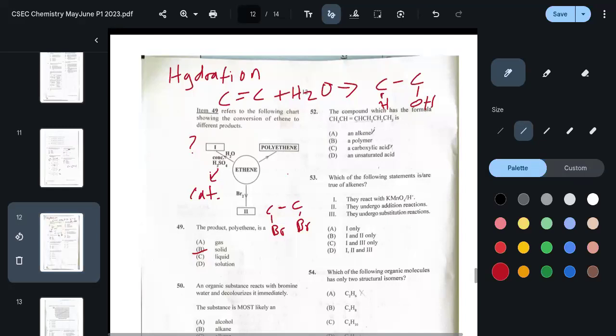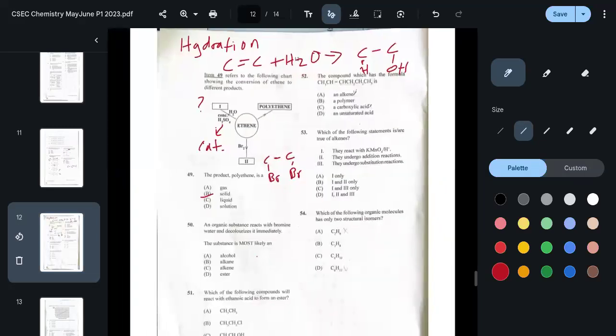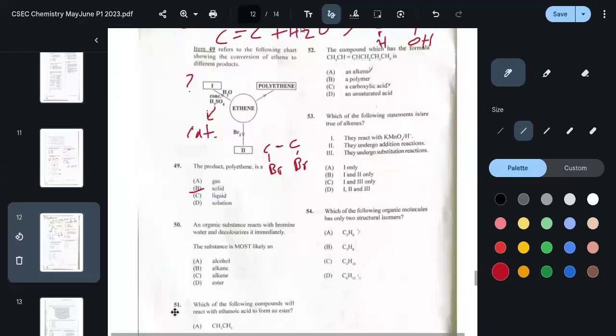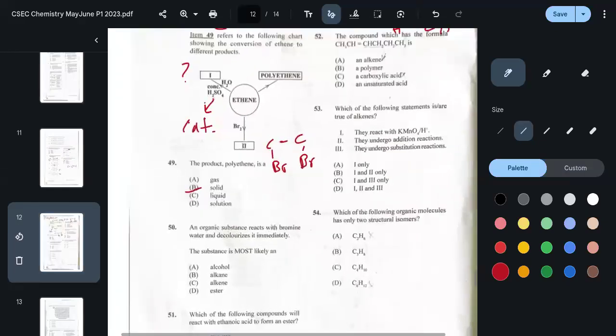Right, so let's go to 50. It says an organic substance reacts with bromine water and decolourizes it.